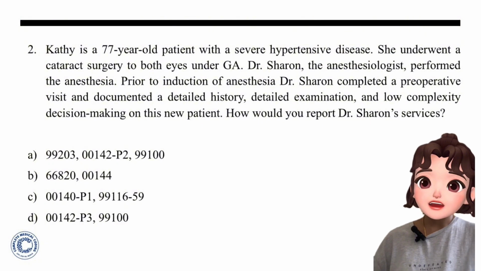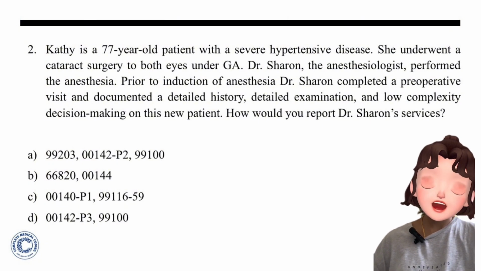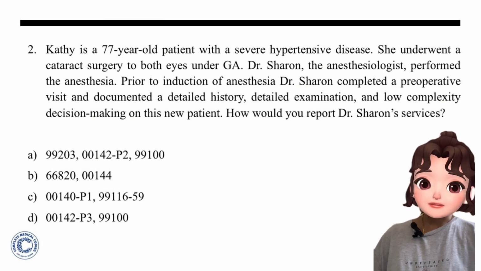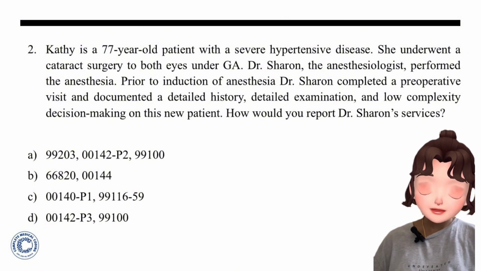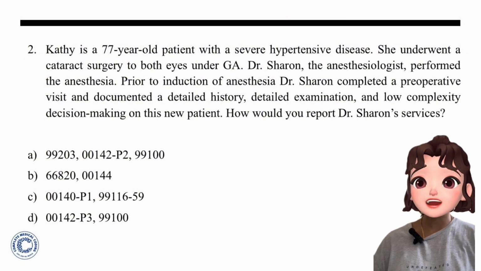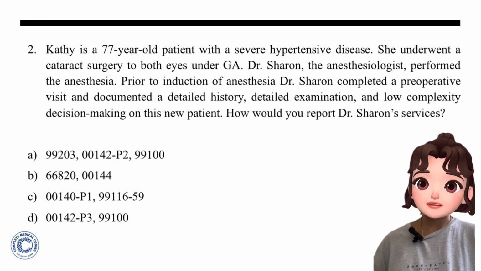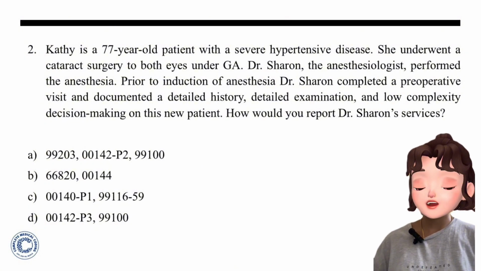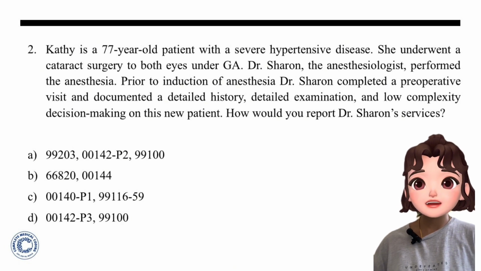And see why it is marked with P3, the physical status modifier. P1 to P6 represent the physical status modifiers. What does P3 represent? A patient with severe systemic disease. It is clearly mentioned in the first sentence of the question that this patient has a severe hypertensive disease. So for anesthesia you always have to mark some modifier, here P3. And what does 99100 represent?